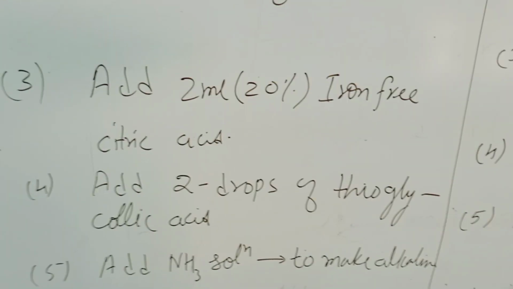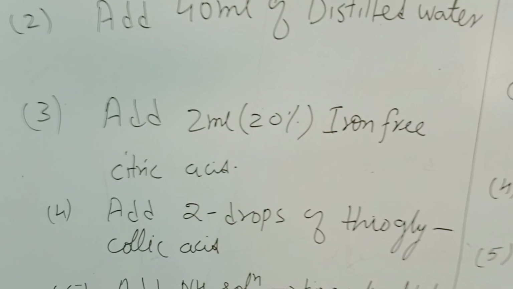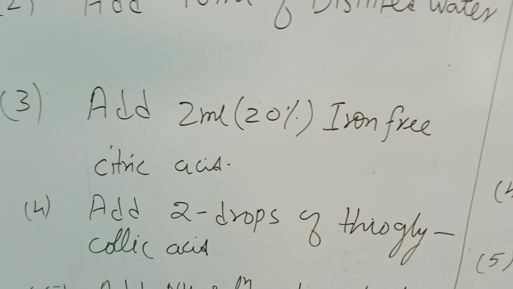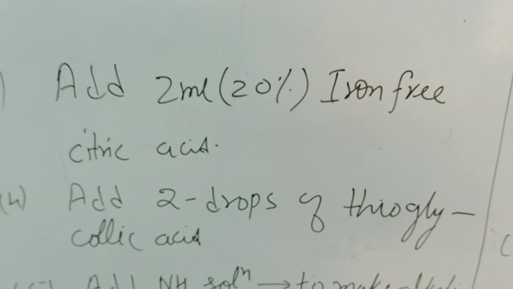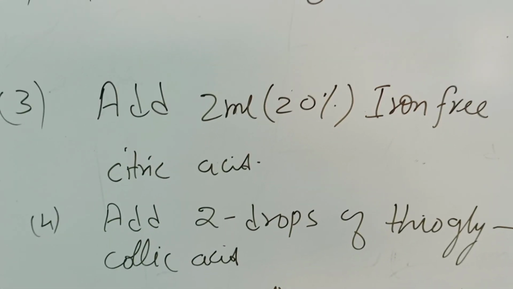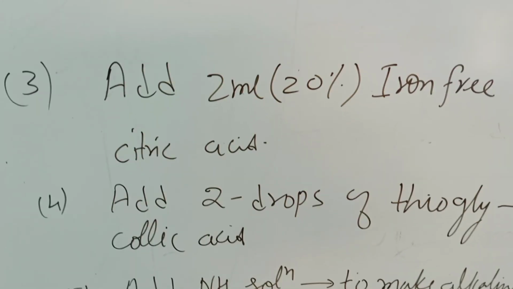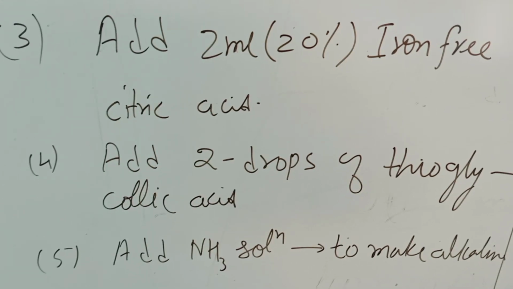And why does the solution have to be converted into the alkaline form? This is because after adding the thioglycolic acid, the pH of the solution decreases. I'm sorry, not increased, it is decreased. It moves towards the acidic side. So, in order to move the pH towards the basic side, we have to carefully add the ammonia solution.